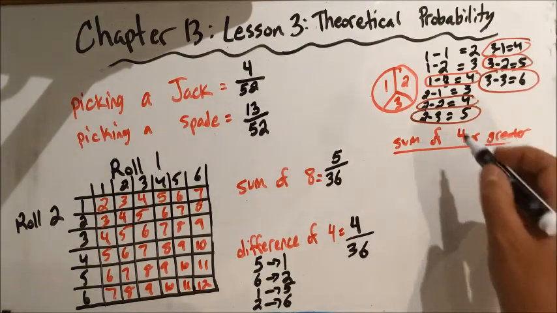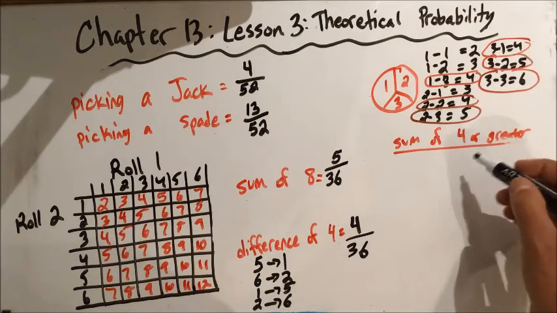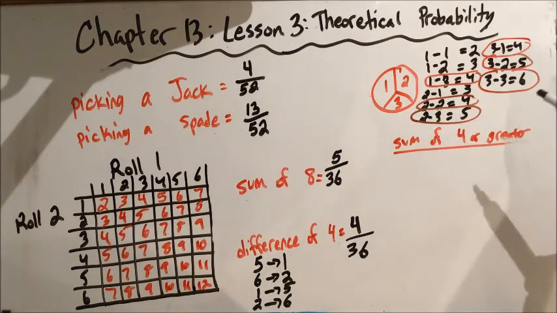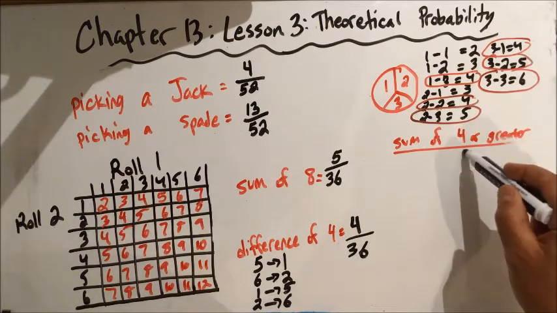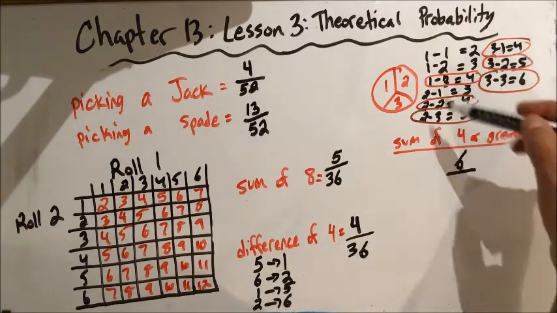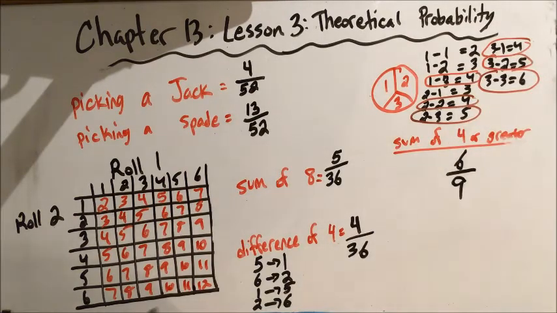So if I wanted to know the probability of a sum of 4 or greater, my numerator would be how many are 4 or greater, which is 6, out of how many total, which is 9. So my fraction would be 6 over 9.